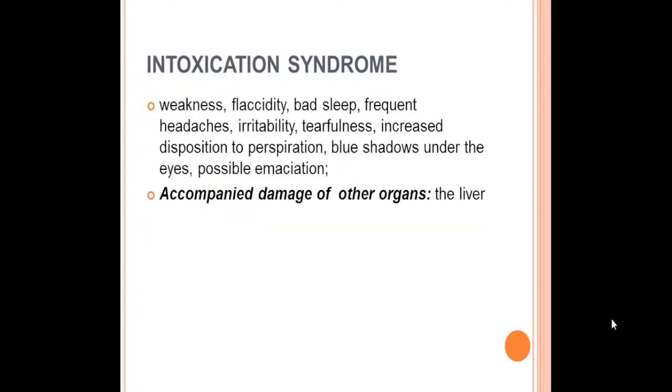And intoxication syndrome during gastritis and ulcer disease of the stomach and duodenum.